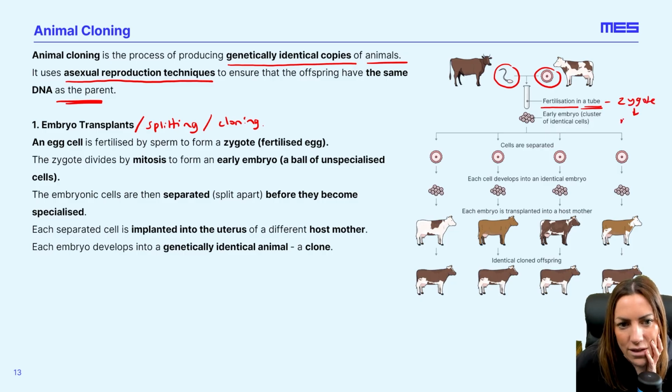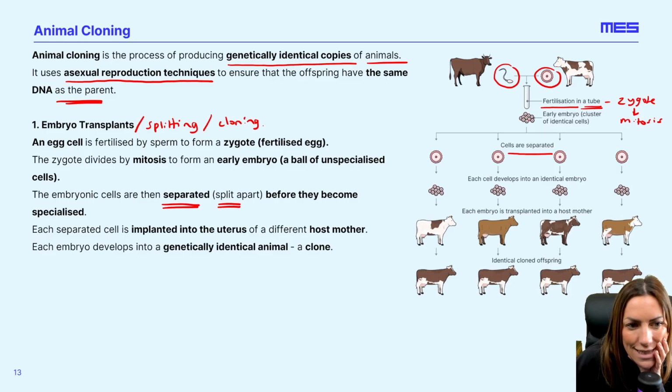The zygote will divide by mitosis, just basic cell division for growth, and it will start to form an embryo, a cluster of cells. But when the embryo is still in the early stages of development, the embryonic cells are separated or split apart, which is why we call it embryo splitting. And we're splitting the embryo cells apart at an early stage of development when they haven't yet specialized.